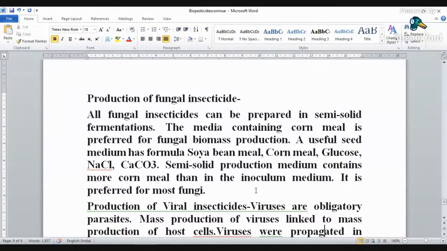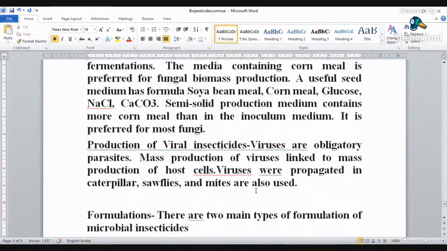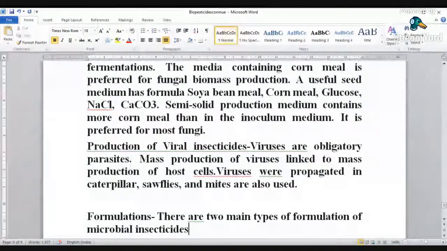Then production of viral insecticide. What are viruses? Viruses are obligatory parasites.